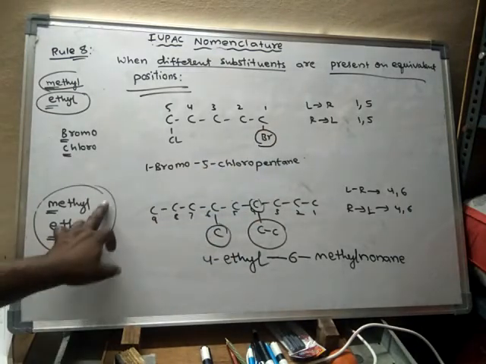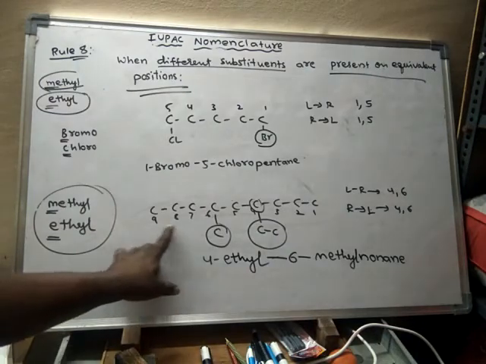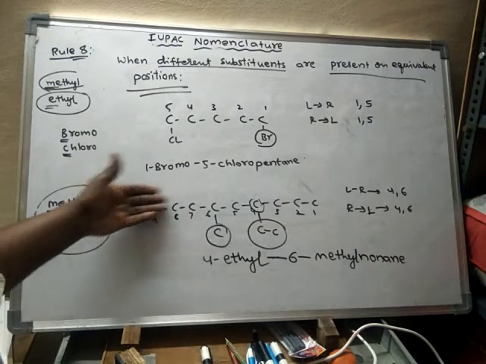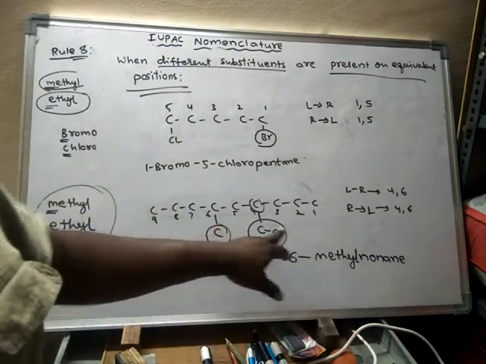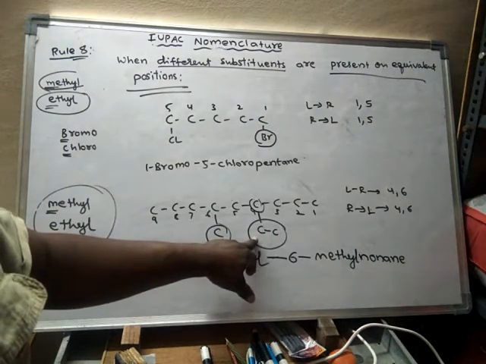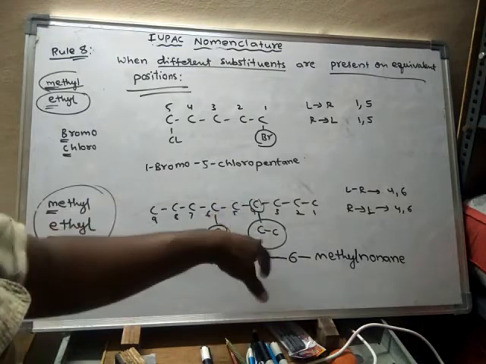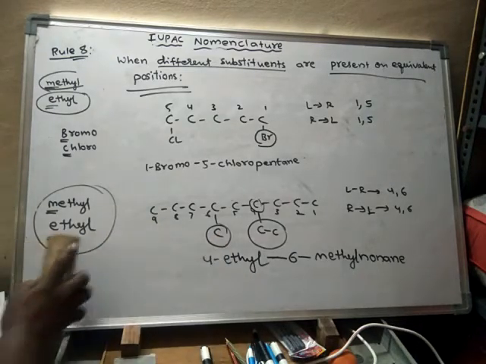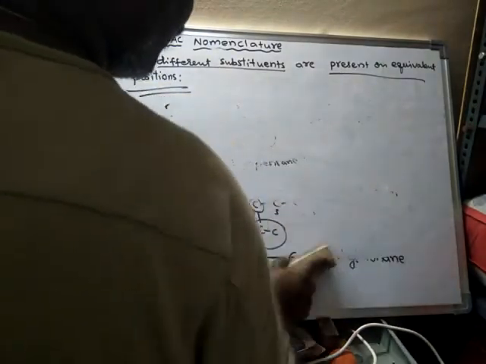When these two are present on equivalent positions. This is on the fourth from here, and this is also on the fourth from the other side, and the other is on sixth in the opposite directions. In that case, we have to follow this method. Next, another compound we will see finally.